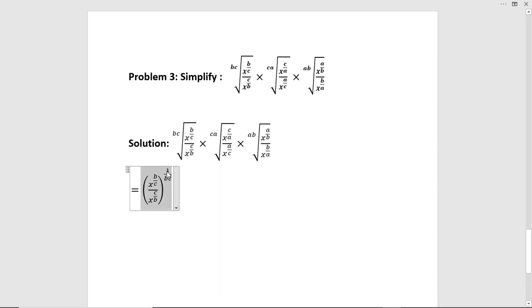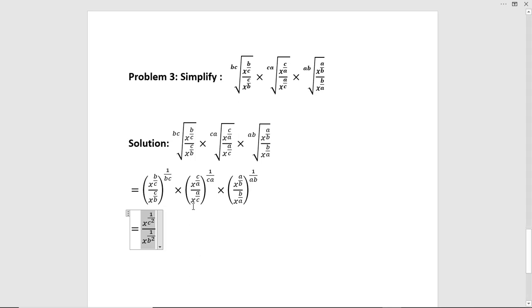So like this you can write x to the power b by c divided by x to the power c by b, whole to the power 1 by bc. That is, the bcth root gives us 1 by bc, and similarly 1 by ca, 1 by ab. We have converted the roots into fractional powers, and now we can write this, because 1 by bc is a power here and x to the power b by c is a power here.